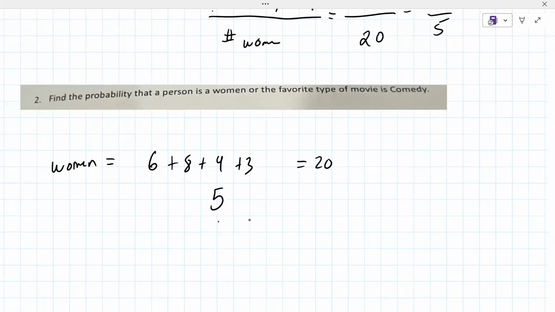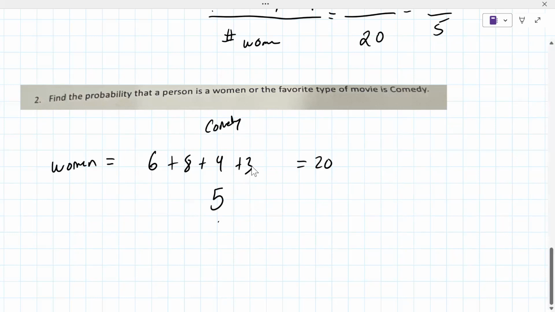How many total are there? The total there is... How many total are here? 6 plus 8 plus 4 plus 3. 21.